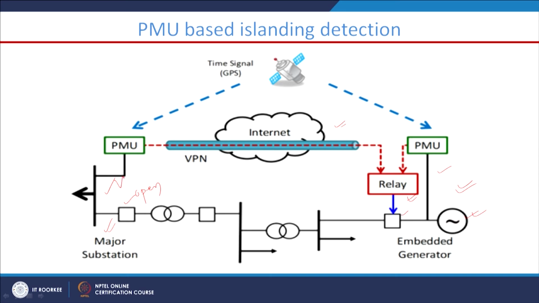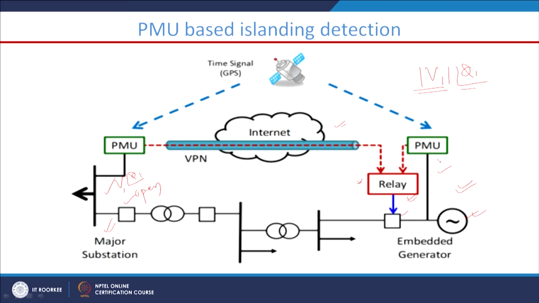Now, the positive sequence voltage and the corresponding angle information, this V1 magnitude and the corresponding angle, will reach this relay.